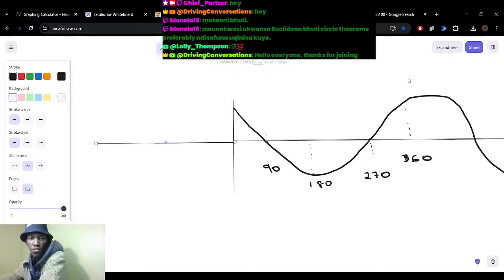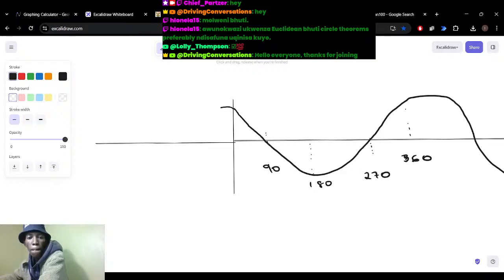Just show you something interesting. So up on minus 90, minus 90 degrees. So it's going on and on.